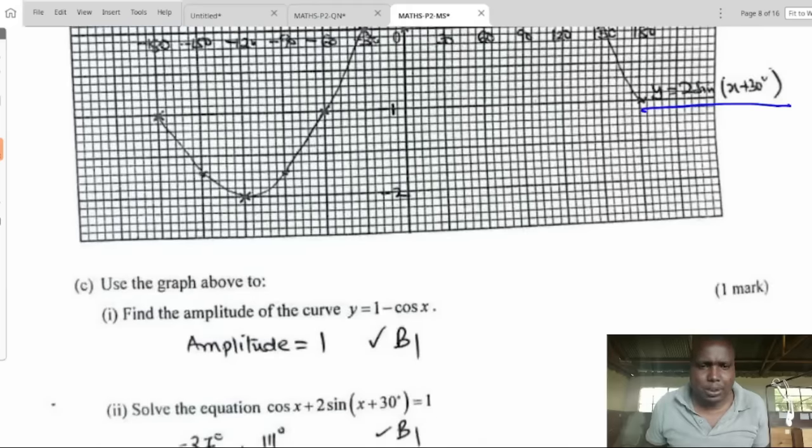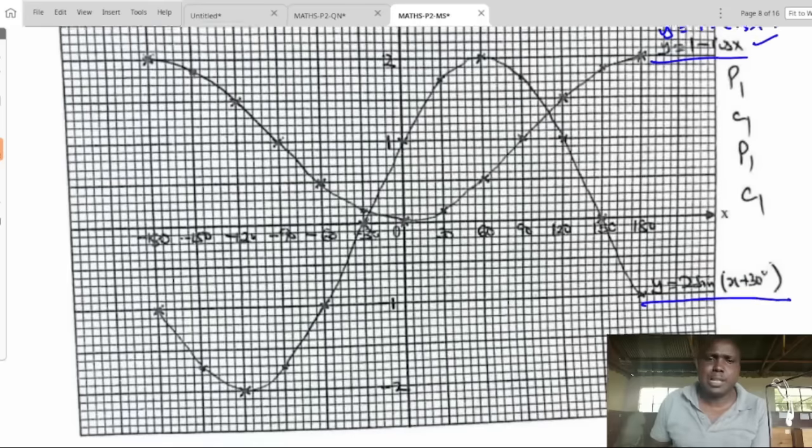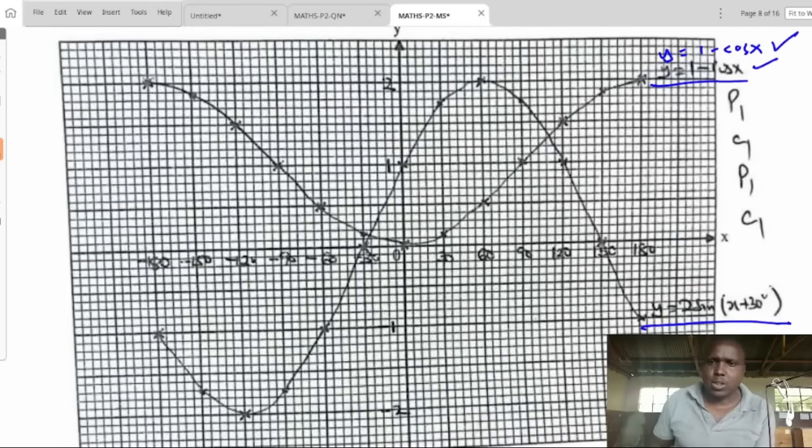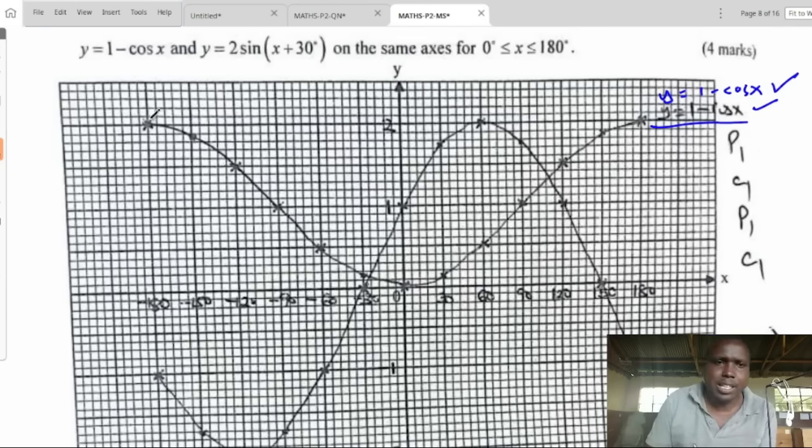And now we are going to use the graph to answer the questions. Find the amplitude of the curve y is equal to 1 minus cos x. The amplitude is the displacement from the 0 point. So how far did this curve go? So this one is from 0, the highest point is at 2. So the amplitude for this curve is 2.